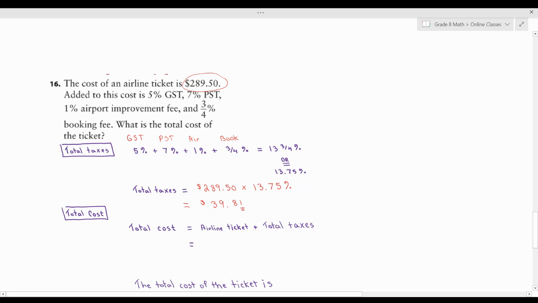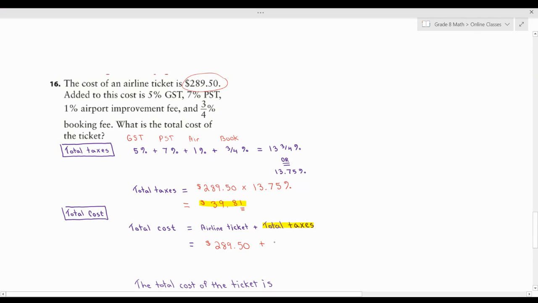Okay, so we figured out total taxes. Now the total cost then is going to be your airline ticket, so the $289.50 plus the total taxes that we just calculated, right? We just figured out it's $39.81.